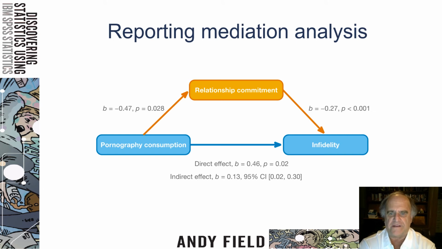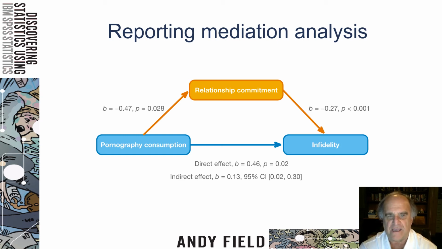Okay, so going on with reporting the mediation analysis, I said you might also want to report each of the b-values. And in fact, here Field is doing that by adding them to the model.